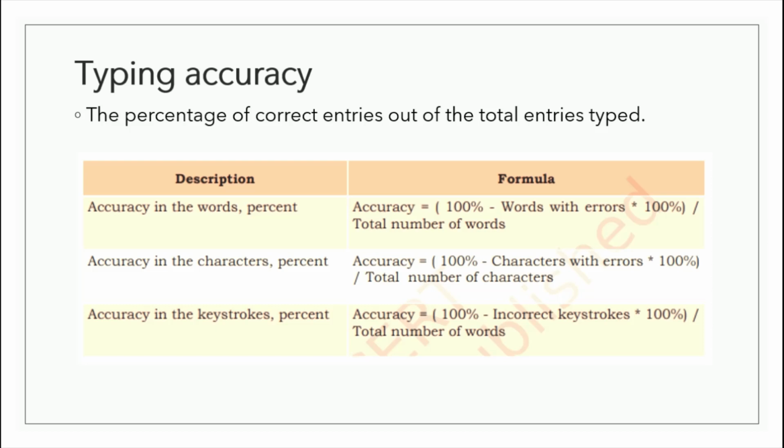First of all, whenever we are talking about words, it will be out of 100%. That is, if I am typing 240 characters, it will become 240 minus errors, that is 20 if I take the previous example, multiplied by 100% upon the total number of words, which is simply the percentage, right? It will be the same for characters and for keystrokes. Tomorrow in the class I am going to explain using one example.